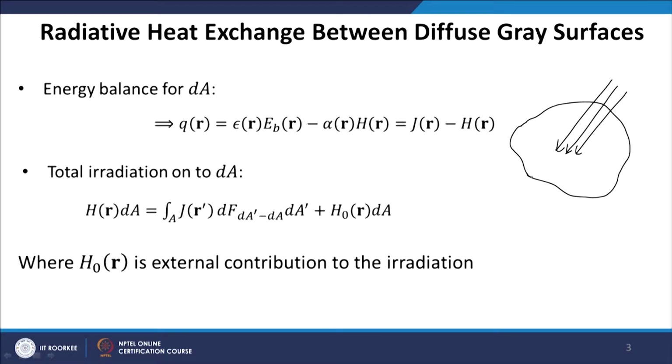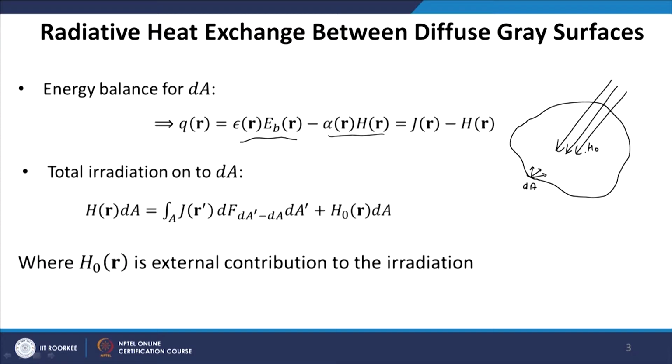Let us say we have a small element here, let us call this dA. So, the total energy balance for this surface dA includes the energy emitted from this element, that is emittance times the black body emissive power at that location, minus energy absorbed. Now, energy absorbed is equal to absorptance alpha times total irradiation H. Now, this total irradiation H may include radiation coming from the entire enclosure as well as radiation coming from outside, H naught. So, it can include both the components.